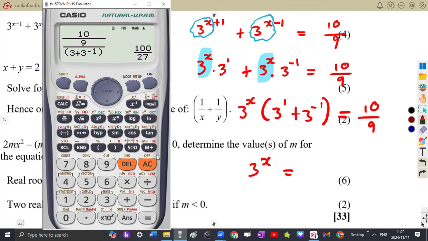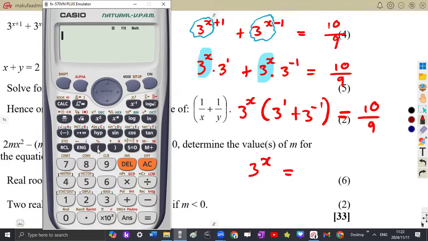That was going to give us 100 over 27. All right, let me put a bracket here, guys. Remember, these calculators also sometimes can misbehave in terms of calculations. So this one is going to close up everything. No, we need this bracket to be here, not to close up everything.